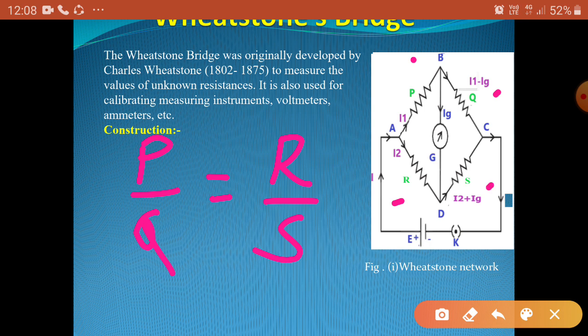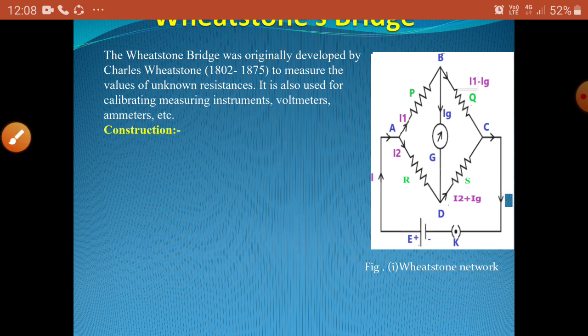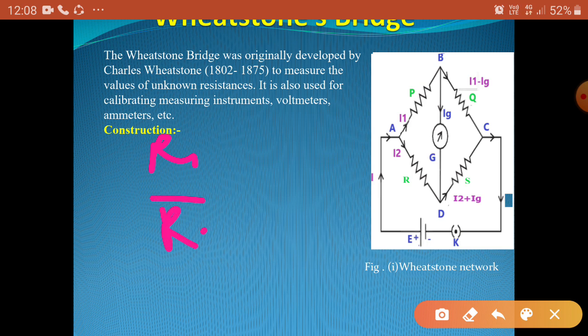These are connected in this way. At that time we get the balancing condition P upon Q is equal to R upon S, or in a simple way we can write R1 upon R2 is equal to R3 upon R4.